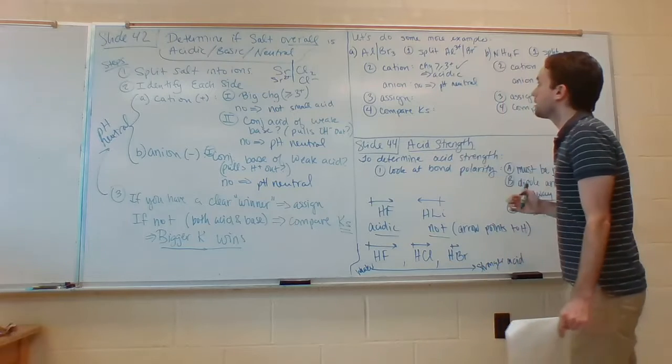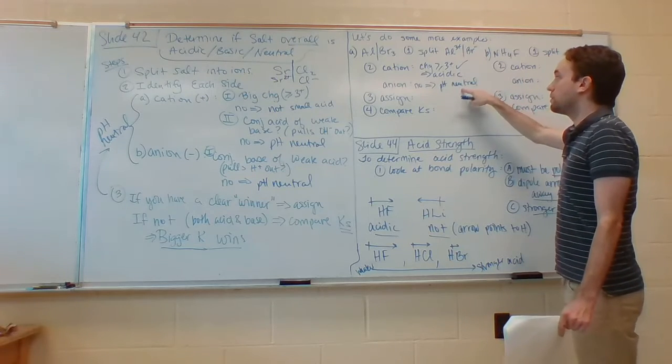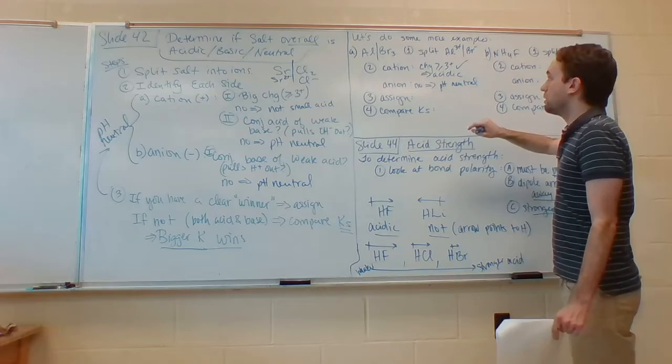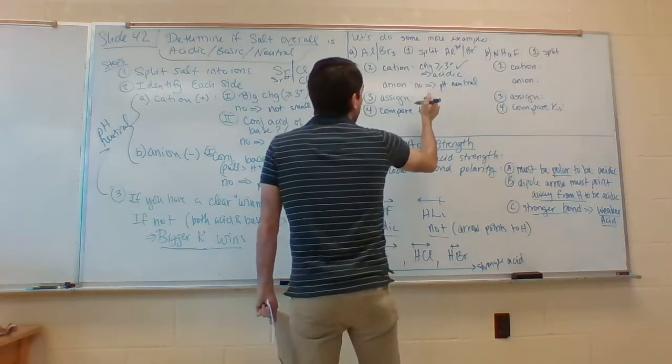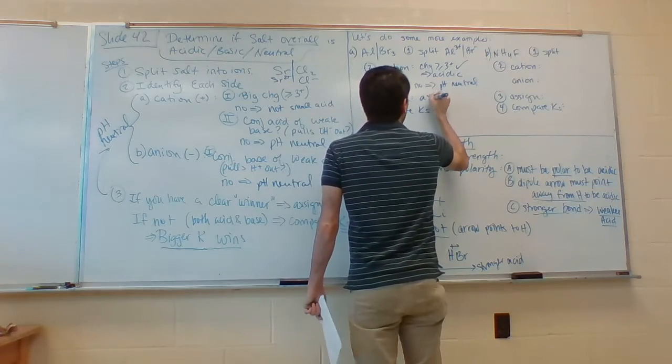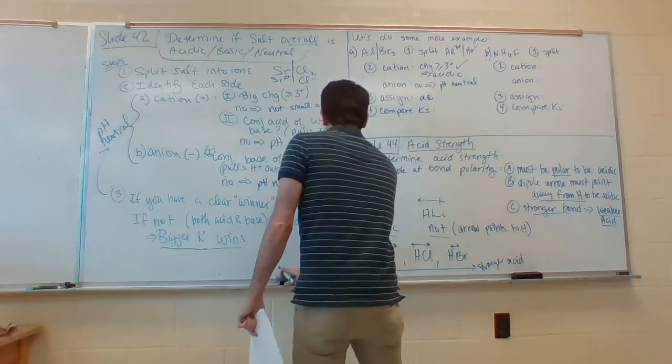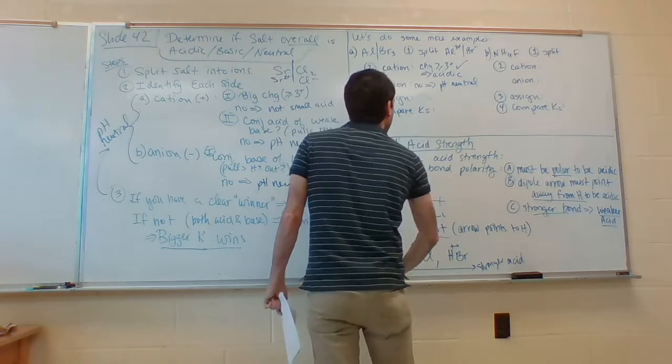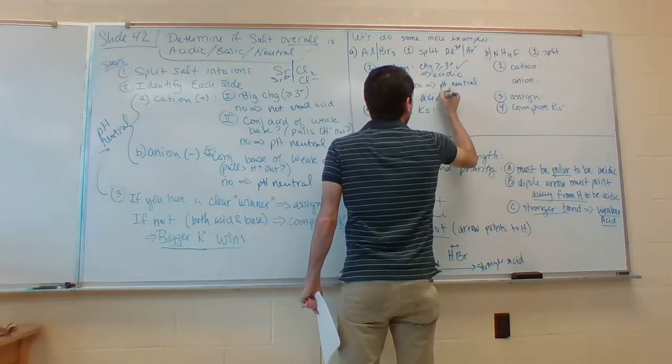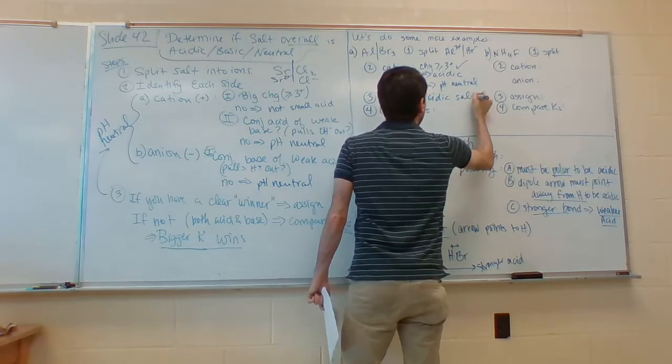All right? Acidic is going to be neutral. Basic is going to be neutral. Okay? So when we do the assignment, we know that it is going to be acidic. So we have an acidic salt. Okay?